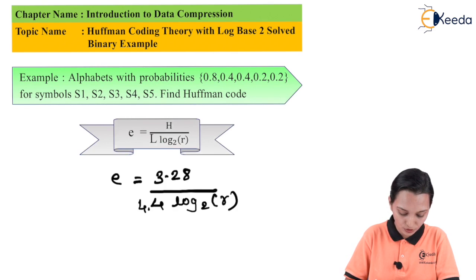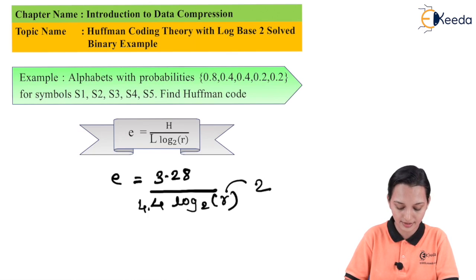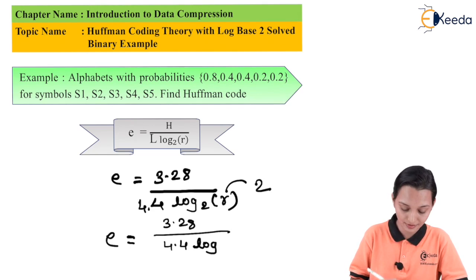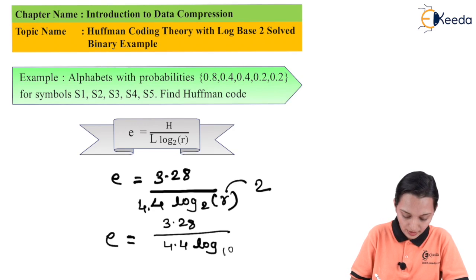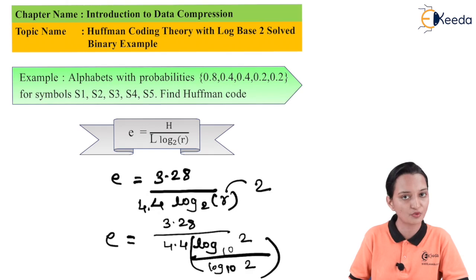For this particular example, as it comes under the binary, R is equal to 2. So 3.28 divided by L, 4.4, log to the base 2 of R. Converting it into base 10, R is 2, so log of 2 by log of 2 is 1.